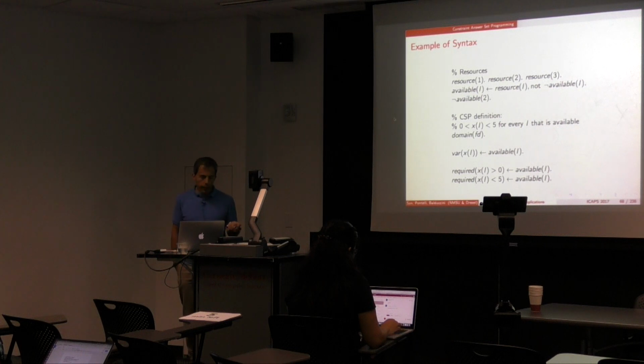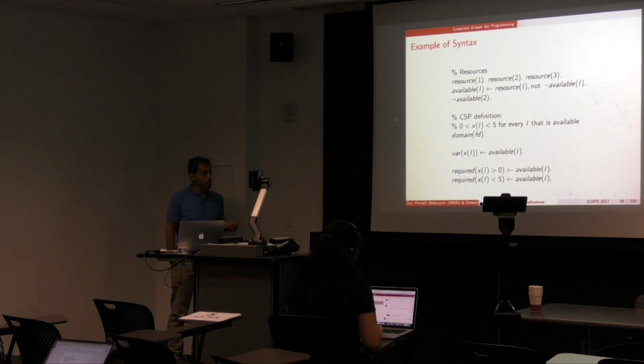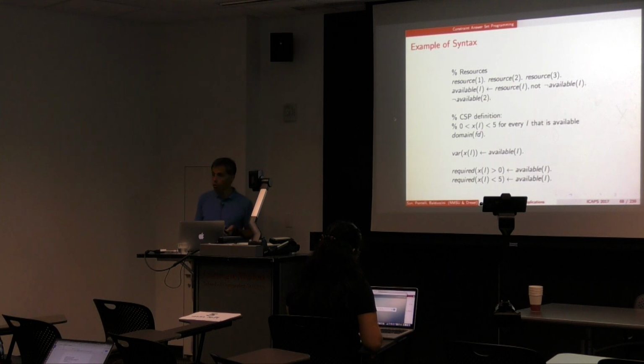So just quickly, our first example of a complete CASP program. Suppose that I have a set of resources, just 3 resources, 1, 2, 3. Some of them may be available, some of them may not be available. Suppose that we have knowledge of which ones are not available. So we will state it in terms of negation of available of resource 2, for example, that says 2 is not available.